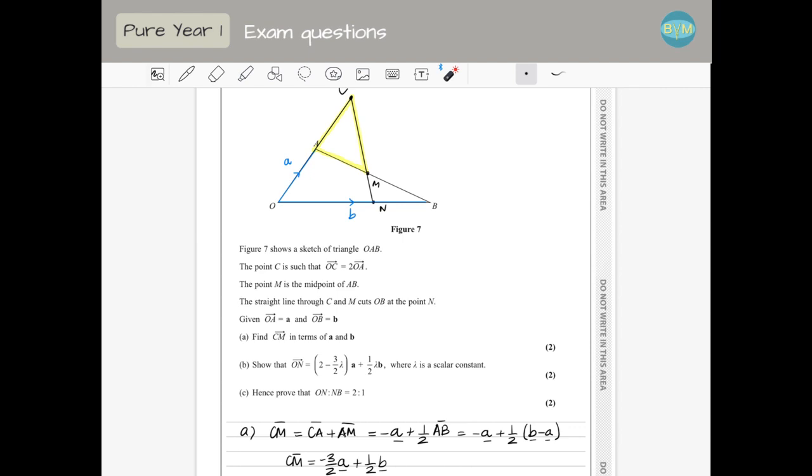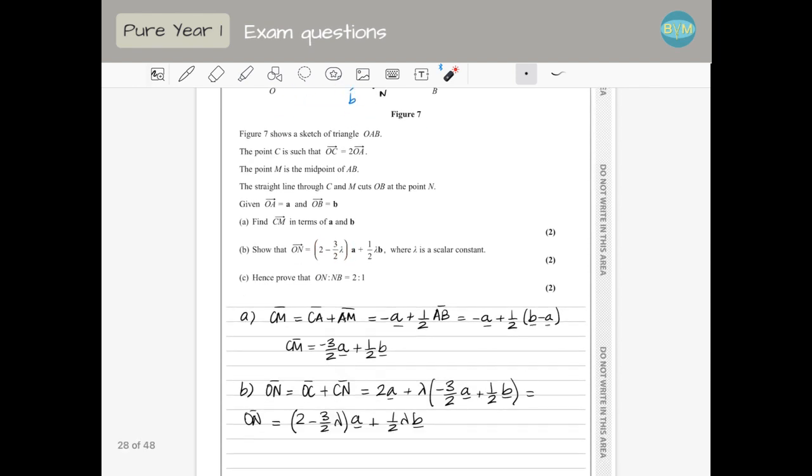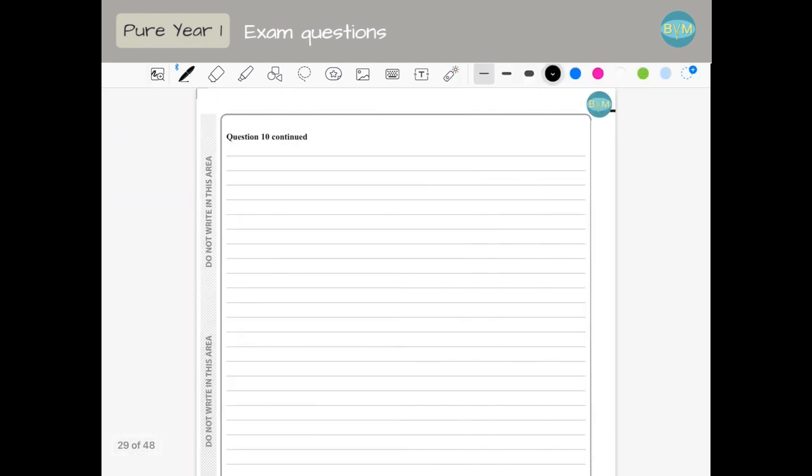If we find ON and see that it is 2/3 of b, we have the ratio. ON is a vector completely parallel to b, so it has no a component. That means this whole thing is going to be 0, and from making this equal to 0, we can find lambda.